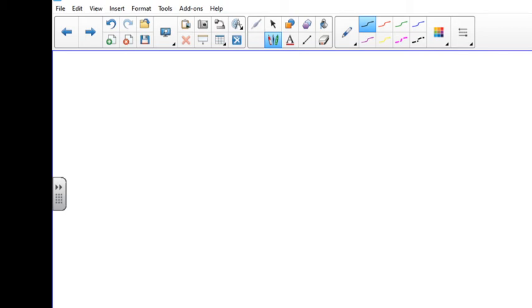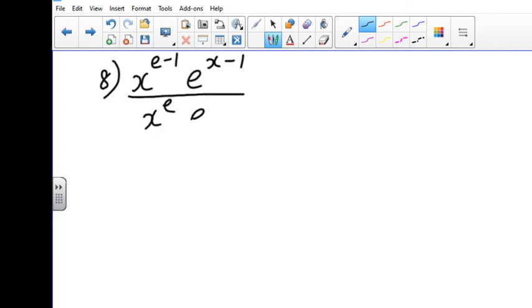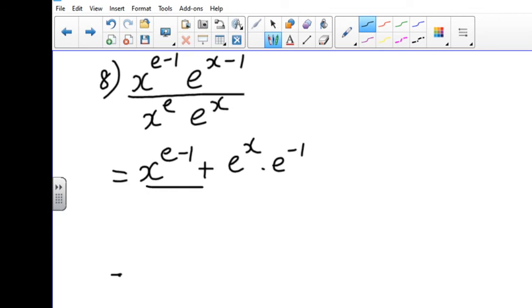Problem number 8. x power e minus 1 into e power x minus 1 divided by x power e into e power x. This can be split as x power e minus 1 plus e power x into e power minus 1, divided by x power e plus e power x.